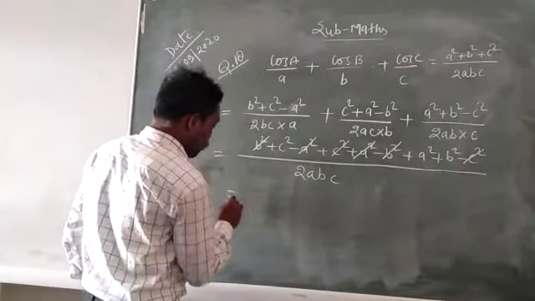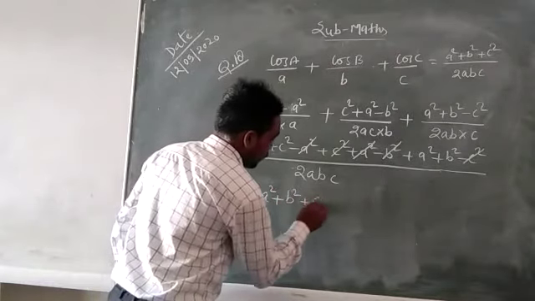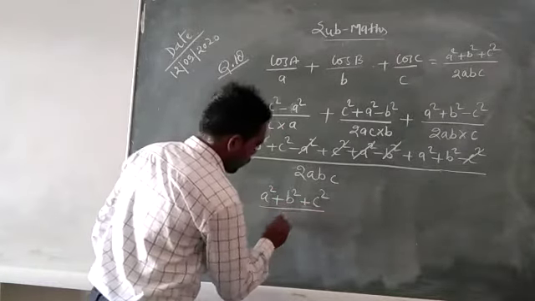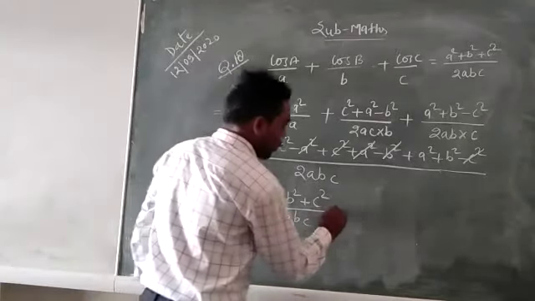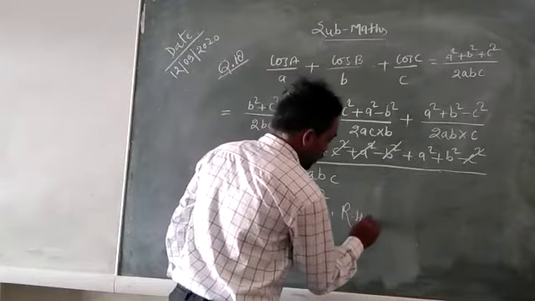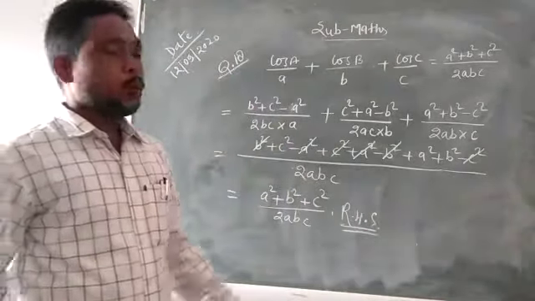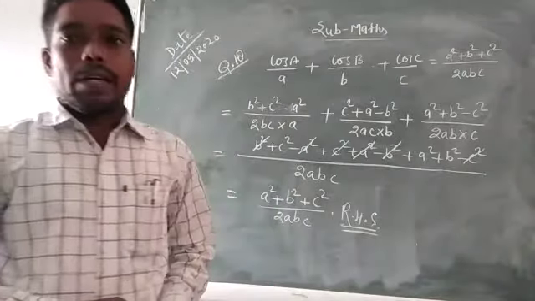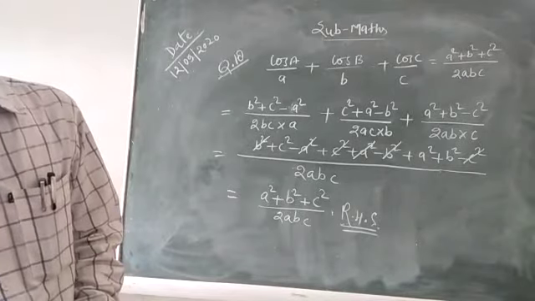Now we get only a square plus b square plus c square divided by 2abc. So this is our right hand side, which is asked in the question. So this is true.